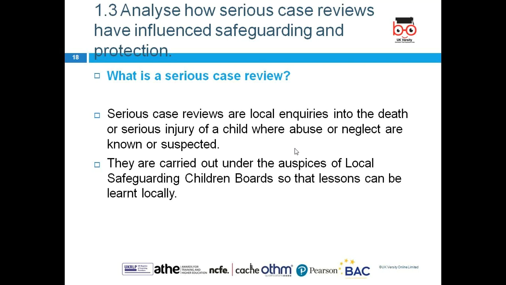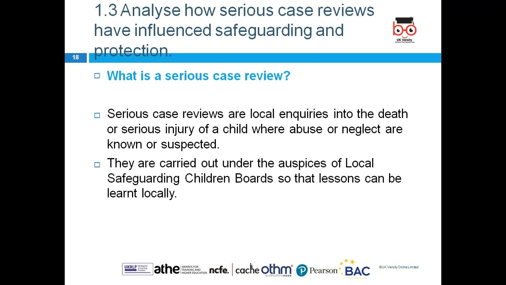Now, onto case reviews on this section here. So what is a serious case review? To be honest, you already know this, but I put this down just in case. So we know that case reviews happen if something major has happened, if there's been a death or an injury or abuse or neglect.